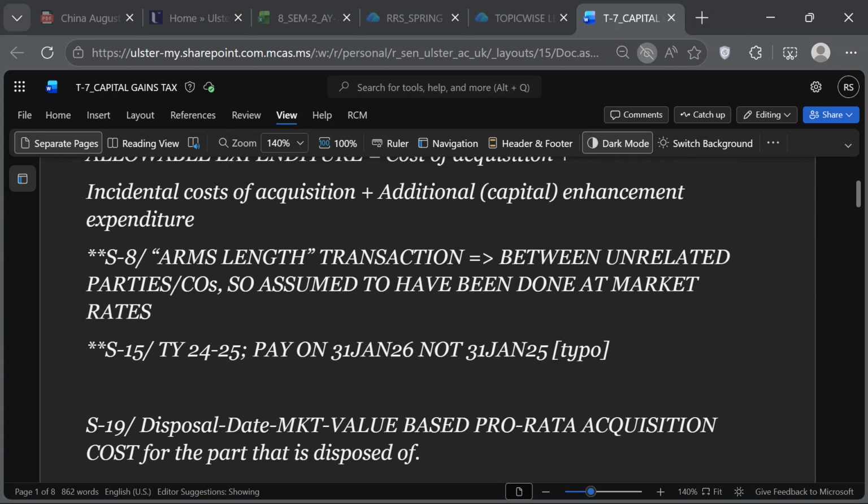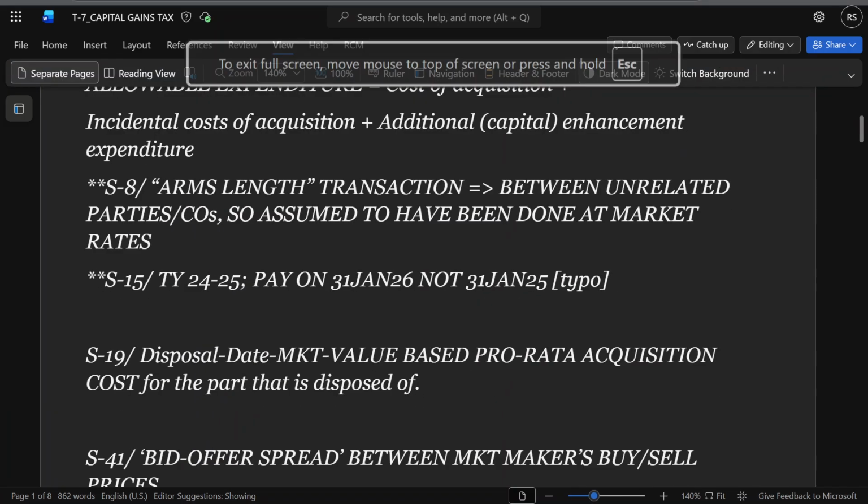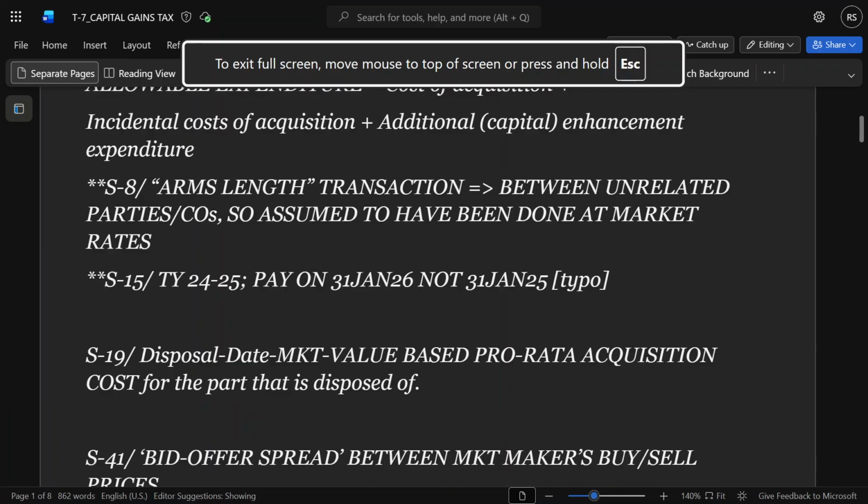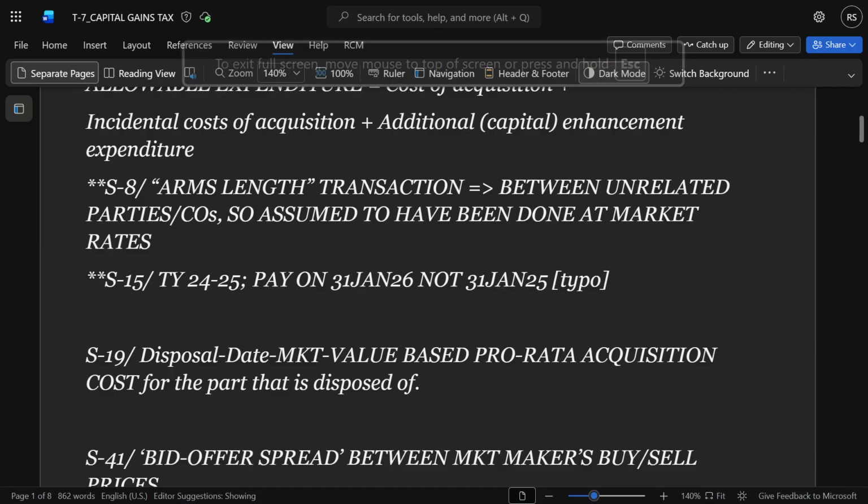Now, what is an arm's length transaction? This is something that you have to be very familiar with, because it becomes very important in taxation. Later on when you do international taxation, have you heard about transfer pricing? Yes or no? Anybody? No. Okay, so that's another term you need to be aware of.